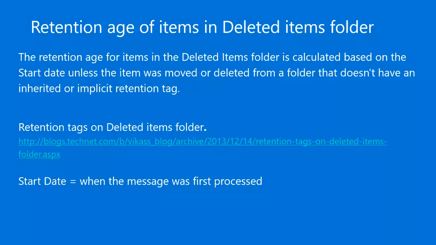If the item is inheriting a tag from the parent folder, the start date will remain the same, which will be the actual start date or the actual delivery date of that email. And depending upon the retention age that is defined on the deleted items, it will process those items. We'll see a few examples.